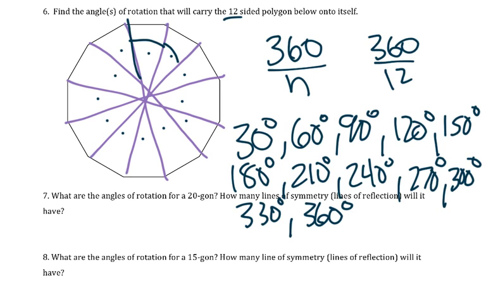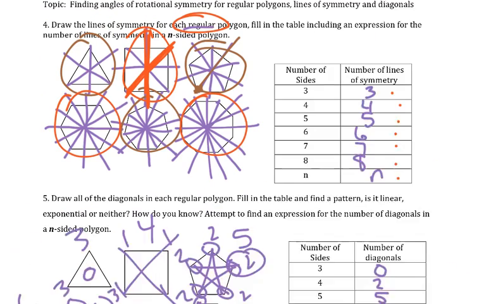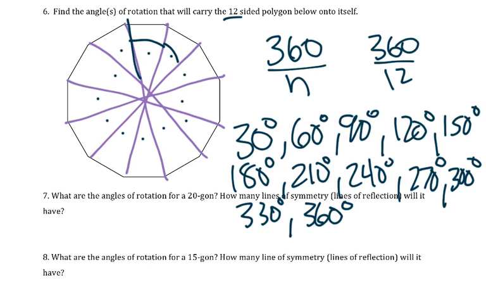Okay? It said, what about the angle of rotation of a 20-sided figure? And how many lines of symmetry will it have? Okay? Well, lines of symmetry, we remember we did those, and we had the same. So we'd have 20 lines of symmetry. Half of those would be diagonals as well, and they would be reflections.